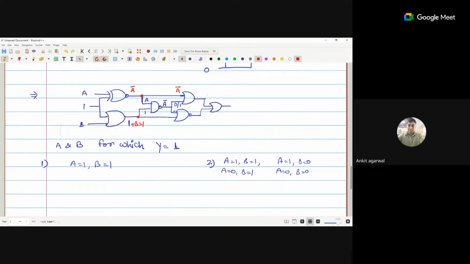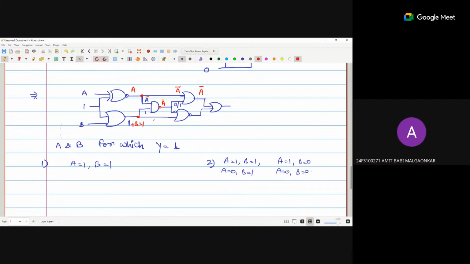Now a bar and 1. Okay, so we are getting a here. Sorry, this is we are getting a. So here we are getting a bar. Okay, now a bar and a bar becomes a bar, and a.